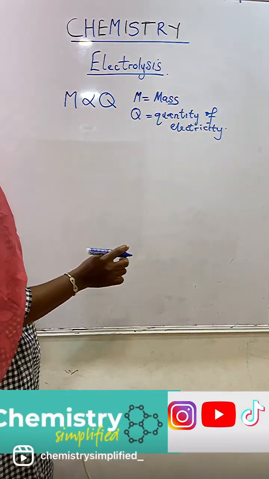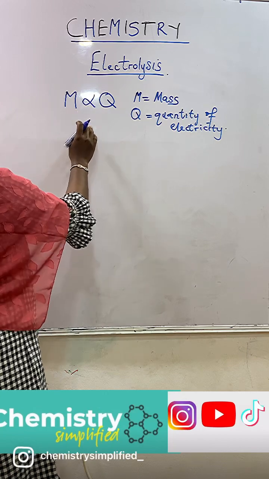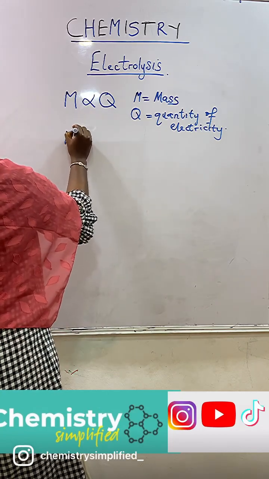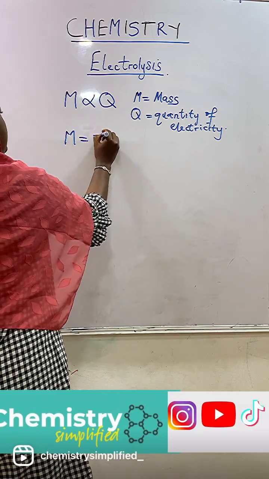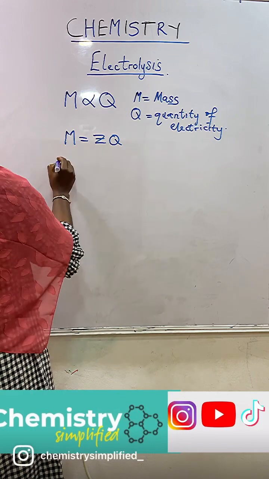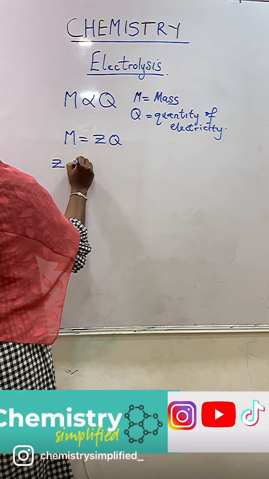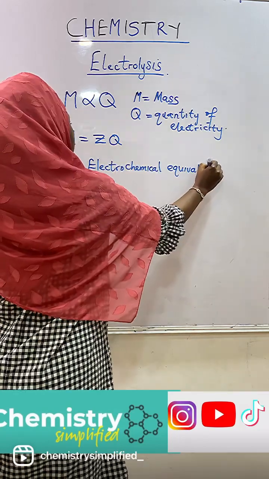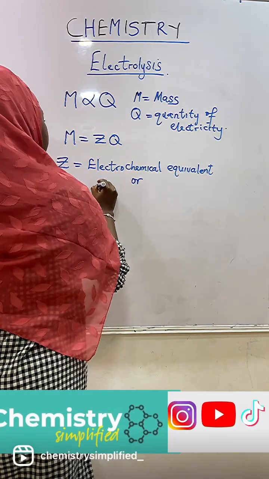Now let's move further. If we want to do the proportionality constant, we are going to say our M is equal to ZQ, where this Z is equal to electrochemical equivalent or electrochemical constant.